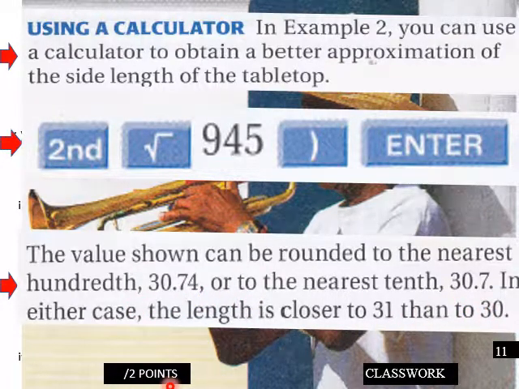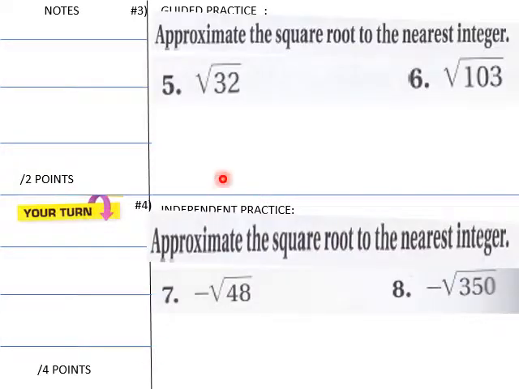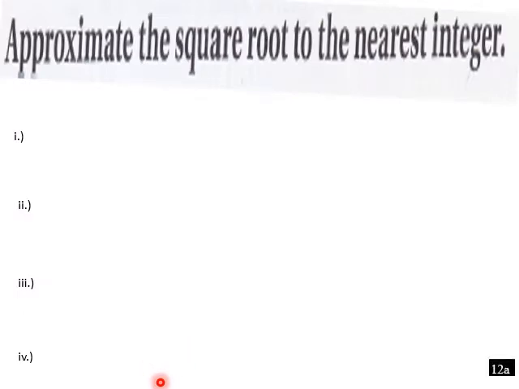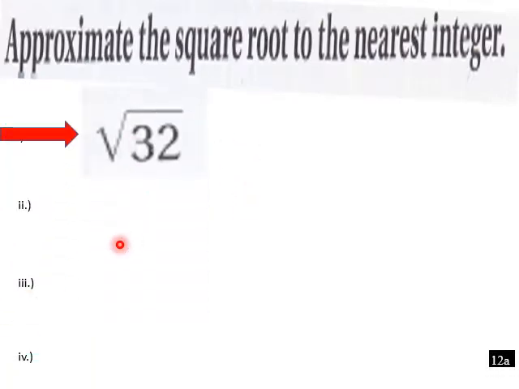In either case, the length is closer to 31 than to 30. Approximate the square root to the nearest integer. You could use a calculator here easily. Students, this is what you're responsible for on your own. The negative of the square roots here. So approximate the square root to the nearest integer.